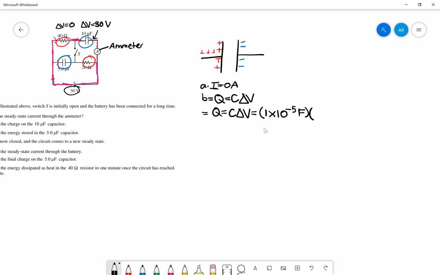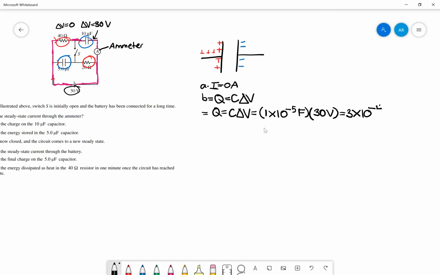And our voltage, we just figured out, is 30 volts. And what do we get as a result? Well, we get 3 times 10 to the negative 4.